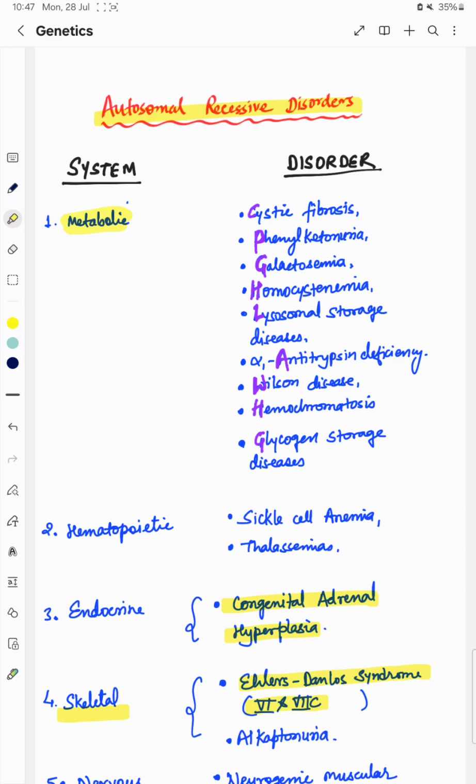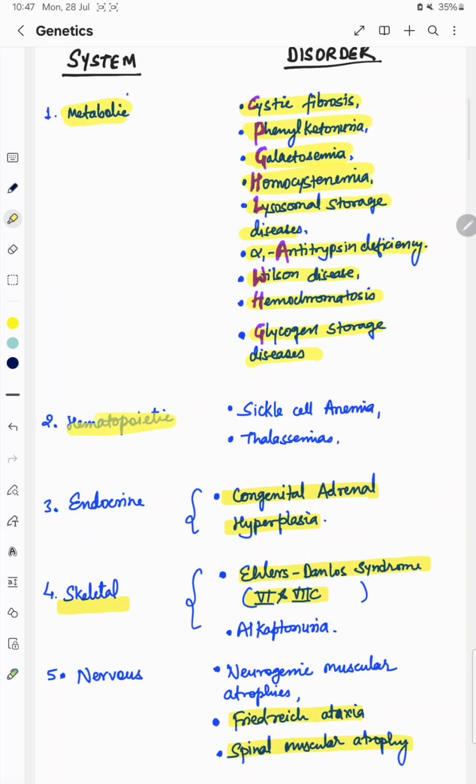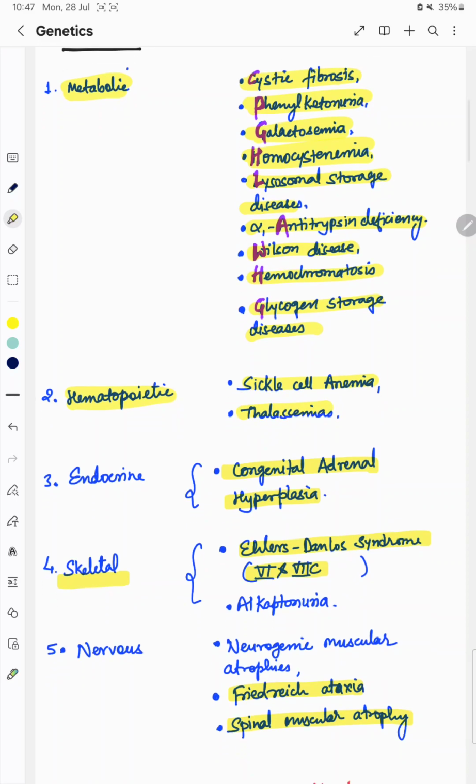In metabolic disorders: cystic fibrosis, phenylketonuria, galactosemia, homocystinuria, lysosomal storage diseases, alpha-1 antitrypsin deficiency, Wilson disease, hemochromatosis, and glycogen storage diseases. In the hematopoietic system, sickle cell anemia and thalassemia.